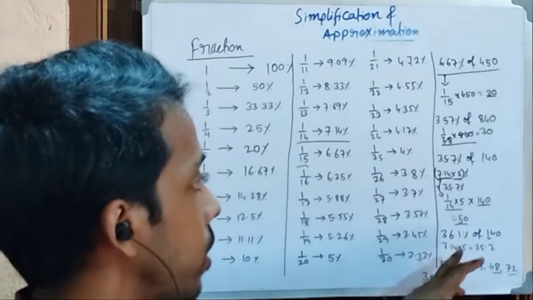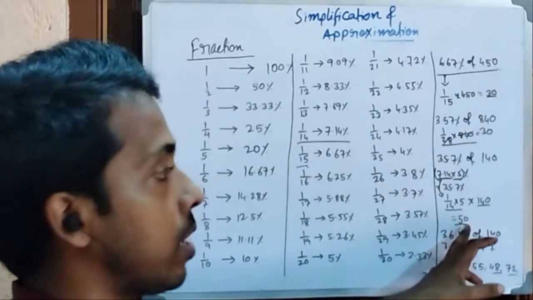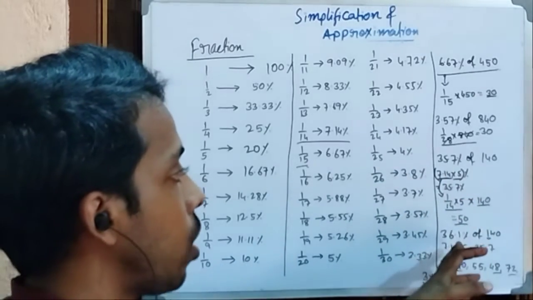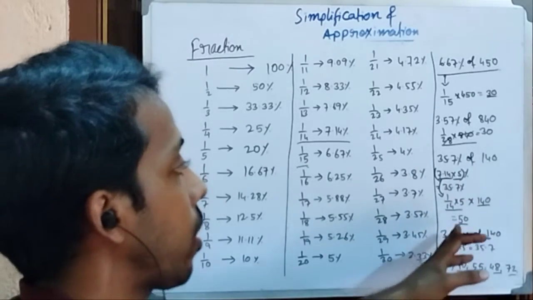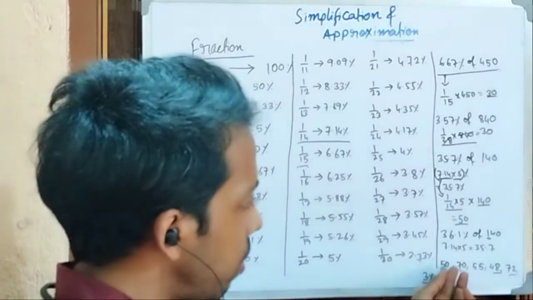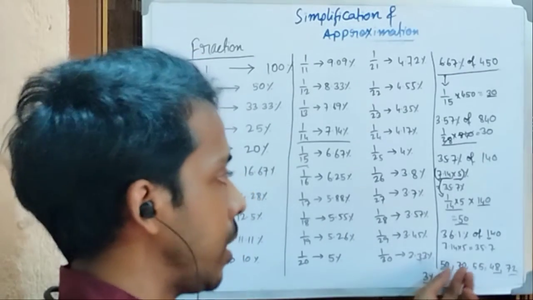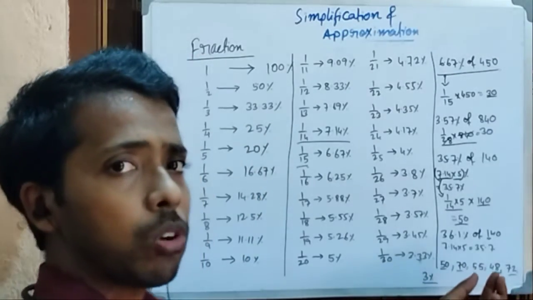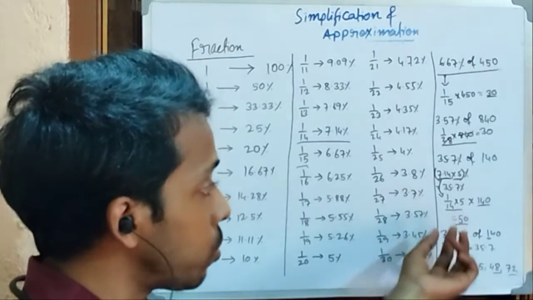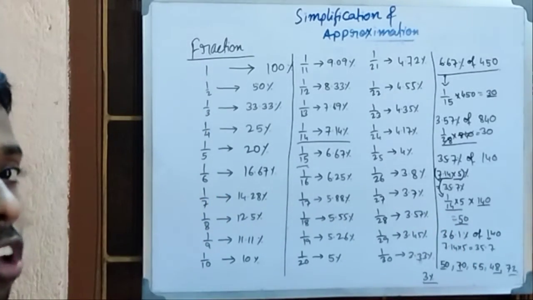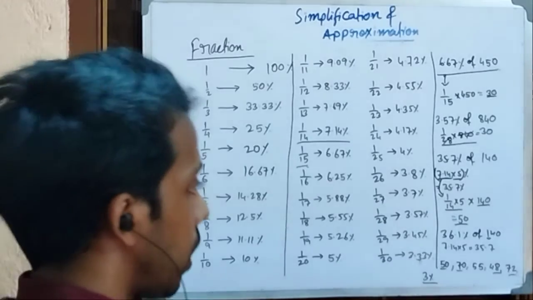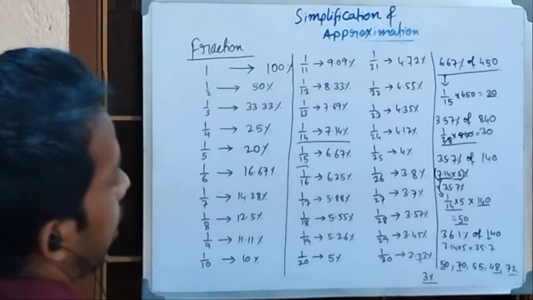So 5 by 14 into 140, 50 is the answer. You should not have any requirement of solving this 0.4%, because 50 and 55 are not that close to go into that detail. So you have to take this much smart approach.